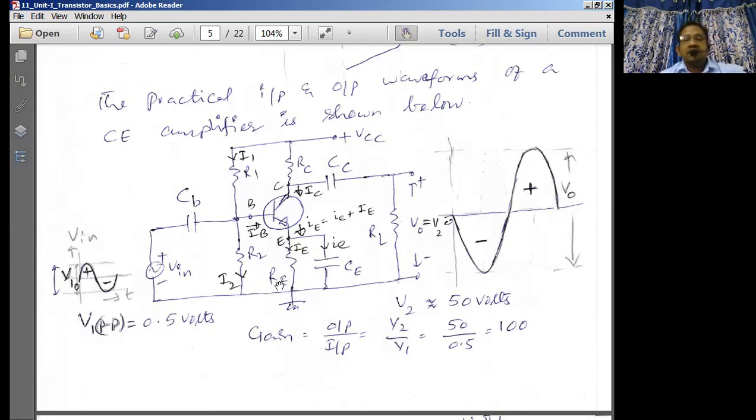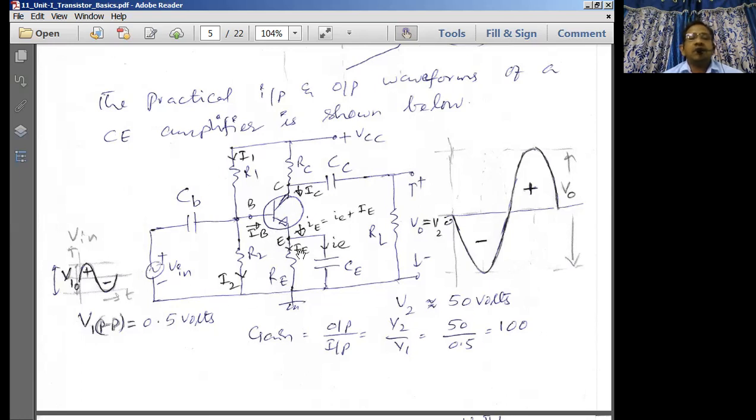Since DC currents are already flowing, we don't want any DC signal from the input to flow through the input of the amplifier. Therefore, we apply the coupling capacitor CB. A capacitor simply blocks the DC signal, and supplies only a pure AC signal into the transistor amplifier circuit.